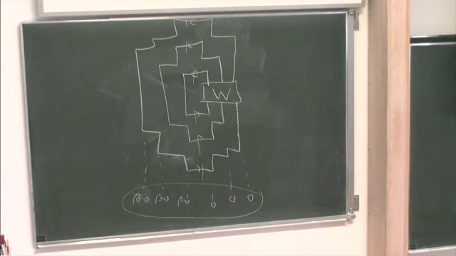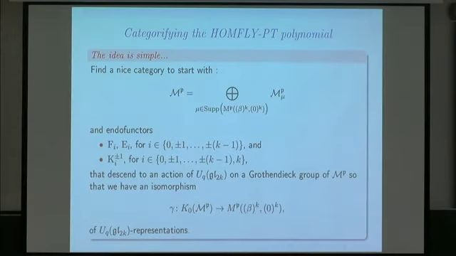So functors E and F and K. And, of course, you want them to descend to the correct action of GL 2K on the Grothendieck group, so that you have an isomorphism of representations.